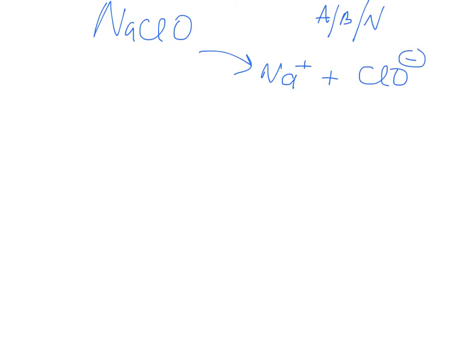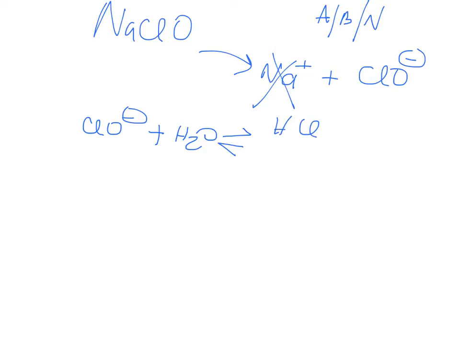So now if we think about what undergoes hydrolysis or not, sodium is not going to undergo hydrolysis, so we don't have to worry about that. However, ClO negative is the conjugate base of hypochlorous acid, and that is a weak acid. So you can safely say that ClO negative plus water gives you HClO plus hydroxide.